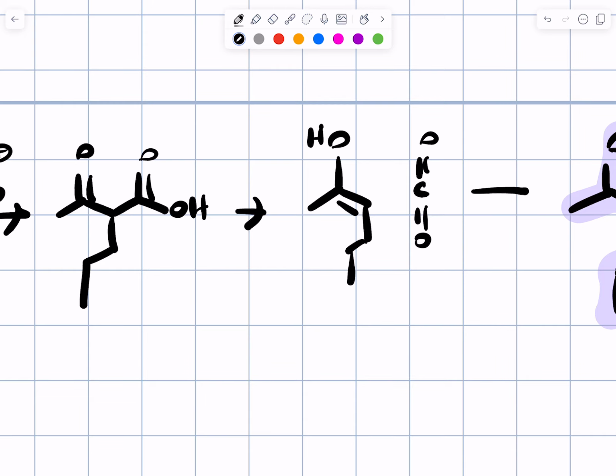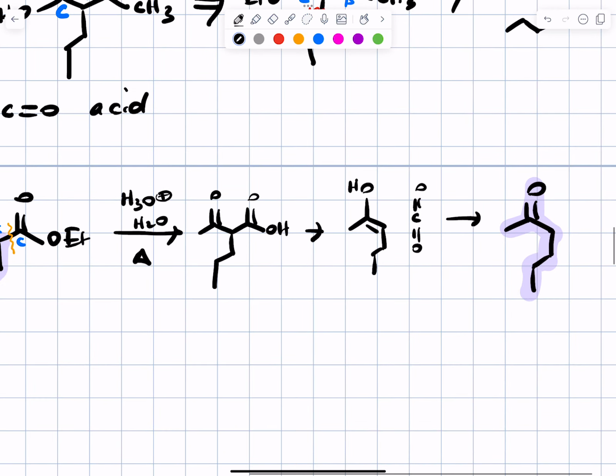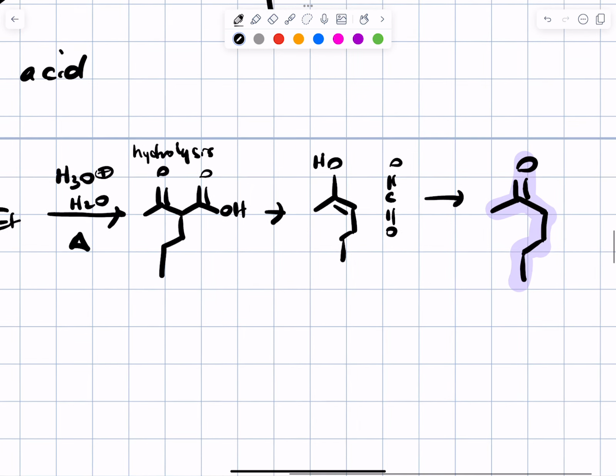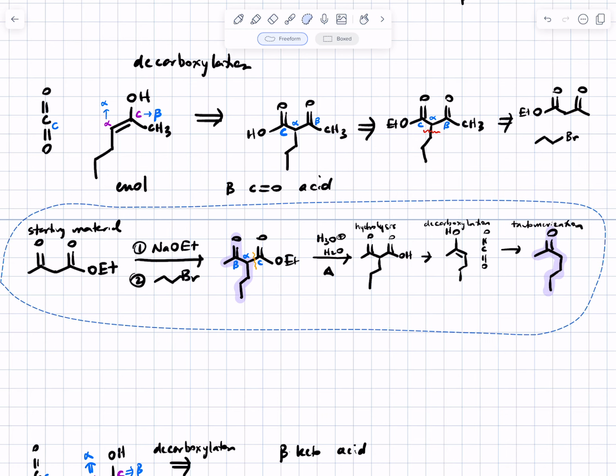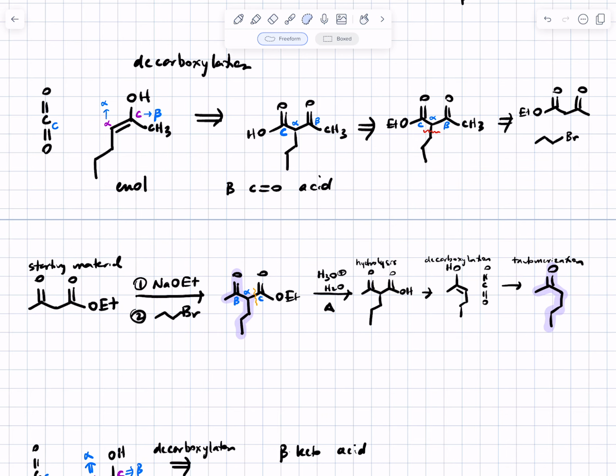I have the enol, and then after tautomerization, I have the methyl ketone product. So that's hydrolysis, decarboxylation, and tautomerization. That's thinking forwards, right?